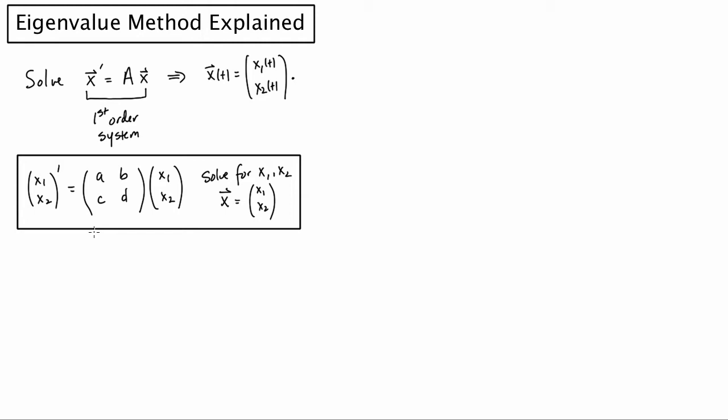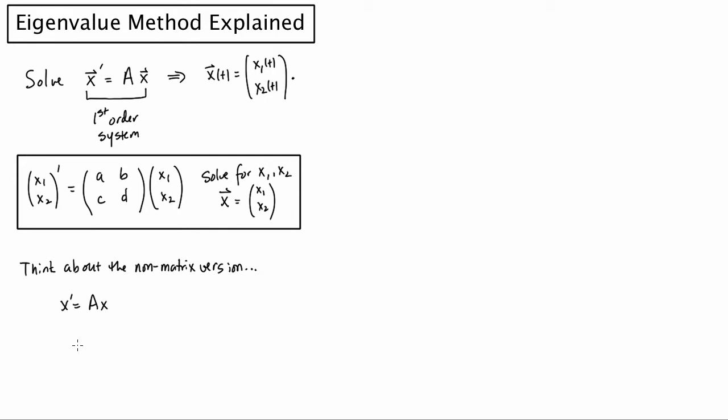And in order to solve this, I want to think about stuff we did at the beginning of the semester: what if these aren't vectors? So think about the non-matrix version of this equation. Well, the non-matrix version is x prime equals a times x.